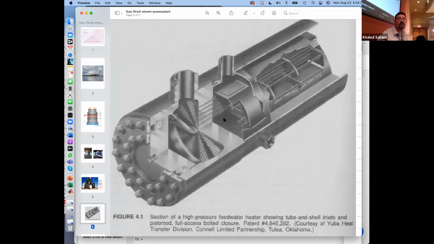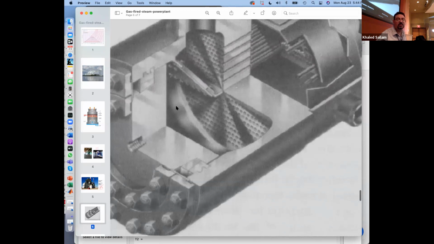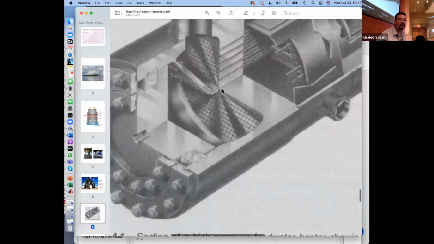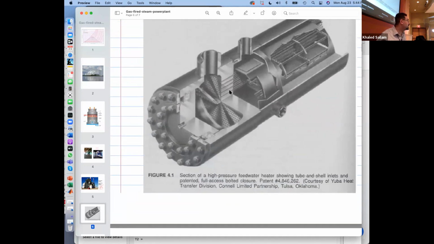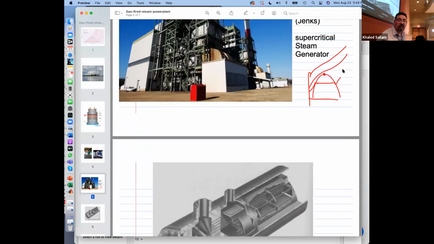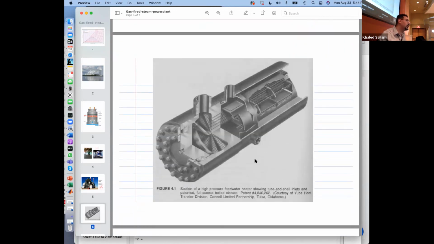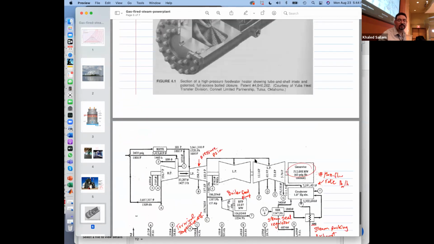You can see how the heat exchanger looks like a big pressure vessel. See how thick the wall is? Why? Because the pressure here is as high as the steam generator pressure. I mean, that is the water going to the steam generator. So you basically need to build something that can take the 22 megapascal or even higher if you're supercritical, right?